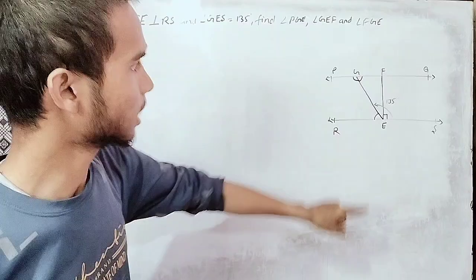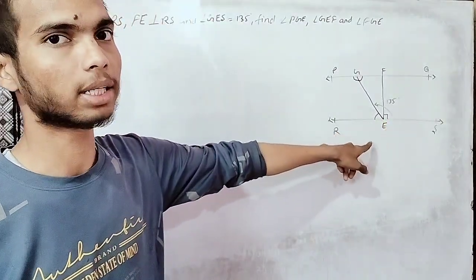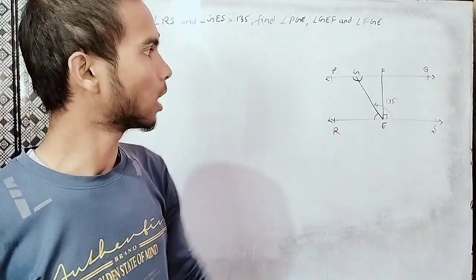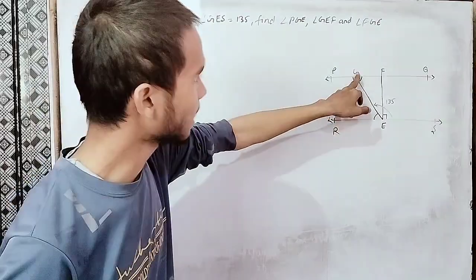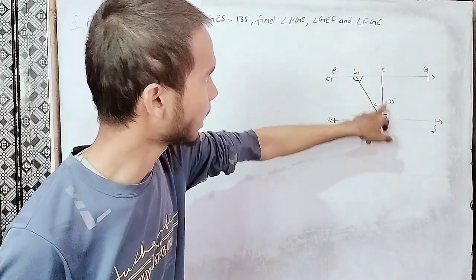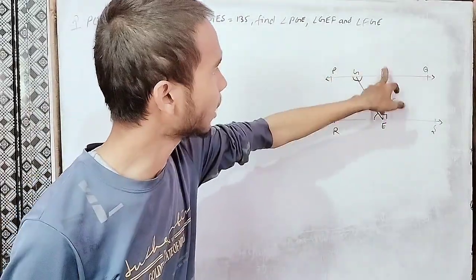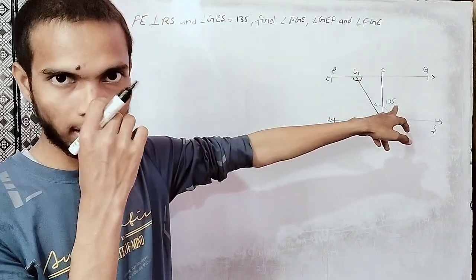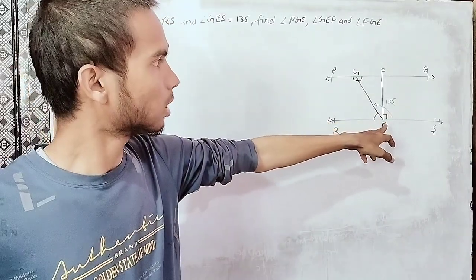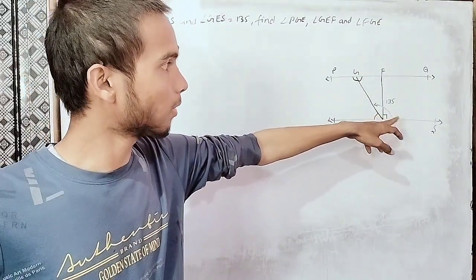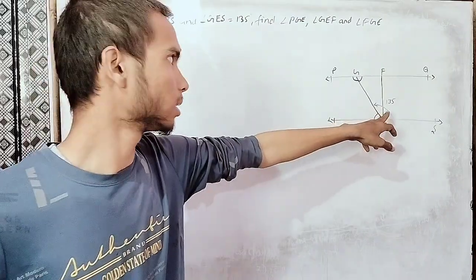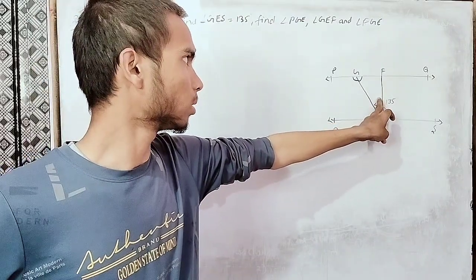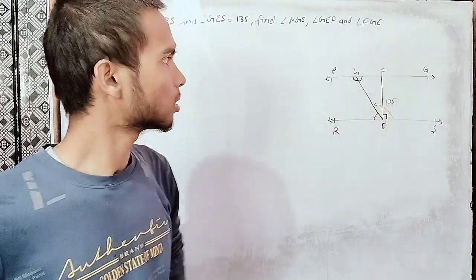And this is ahead of a 90 degree, a right angle. Now, what would angle GEF be with the 90 degree? We will get the value of this angle by adding this and this.